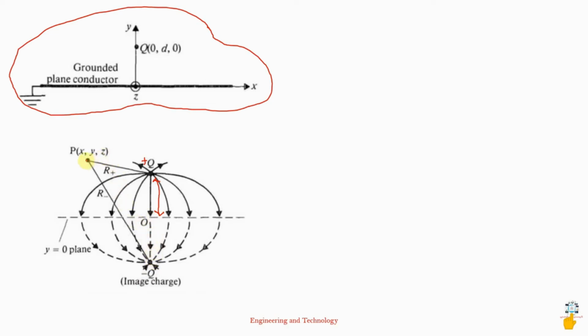Now if we find out the electric potential here from this plus q charge and minus q, that would be equal to 1 over 4 pi epsilon naught. The distance from this positive charge is r plus, and from this negative charge is r minus, respectively. So we can easily find out 1 upon r plus minus 1 upon r minus.